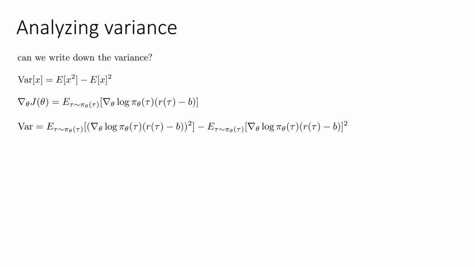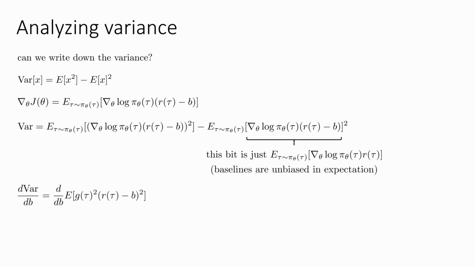That was what I proved on the previous slide. So this second term's derivative with respect to b is going to go to 0 because it doesn't depend on b. This bit is just the expectation, and squaring it doesn't change its dependence on b, so I can ignore that second term if I want to analyze the effect of b on the variance. So it's really only the first term that matters.